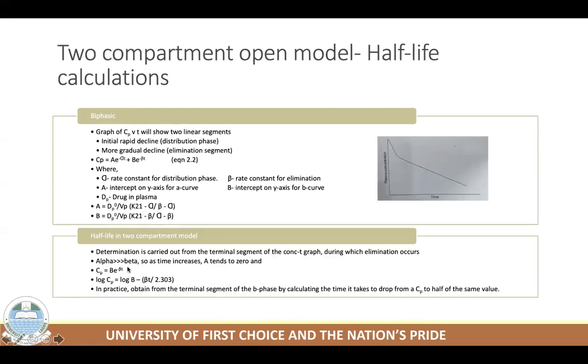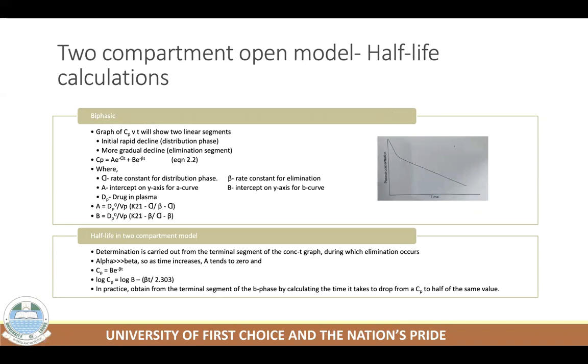If we plot a graph, like you can see here, of concentration against time, it will show the first phase, which is phase A, and the second phase, which is phase B. It will show you biphasic plots. This is what I was talking about earlier on, that there is a biphasic plot, right?